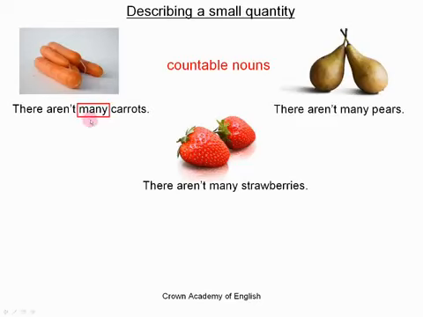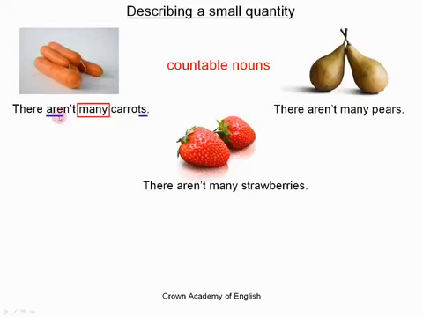And we use the word many in these situations. So we use the word many. The noun is in the plural, so we put the countable noun in the plural form. And the verb is in the plural form.